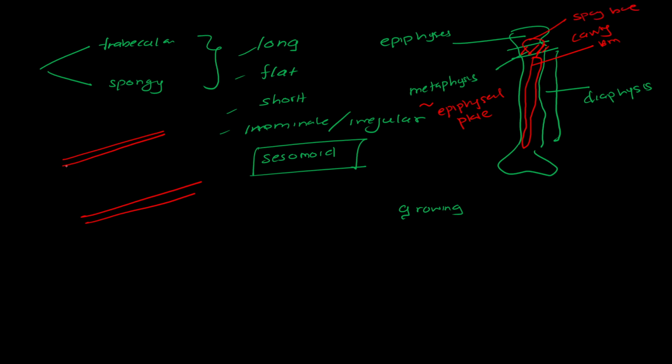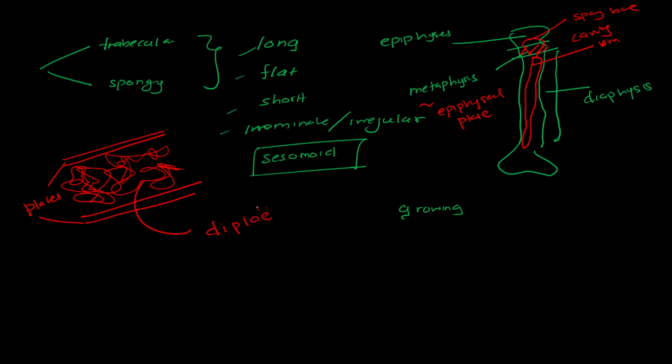But in flat bones you would see two plates, and between these plates, sandwiched in between, there are bony struts which are composed of bone marrow. In the skull, the term that we use is diploe, because these are spongy bone that are present in between two trabecular bony plates.